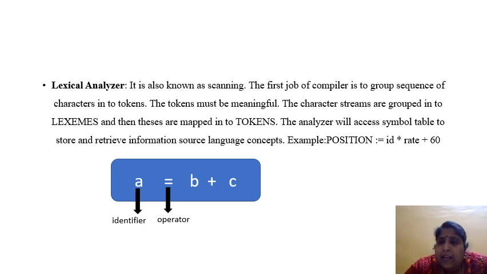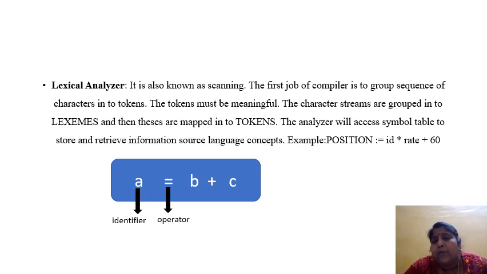The analyzer will access symbol tables to store and retrieve information about the source language concept. For example, we can see we are having an equation like A equal to B plus C. Here A is an identifier, B is again an identifier, and C is also an identifier. And the equal to and plus are the operators.